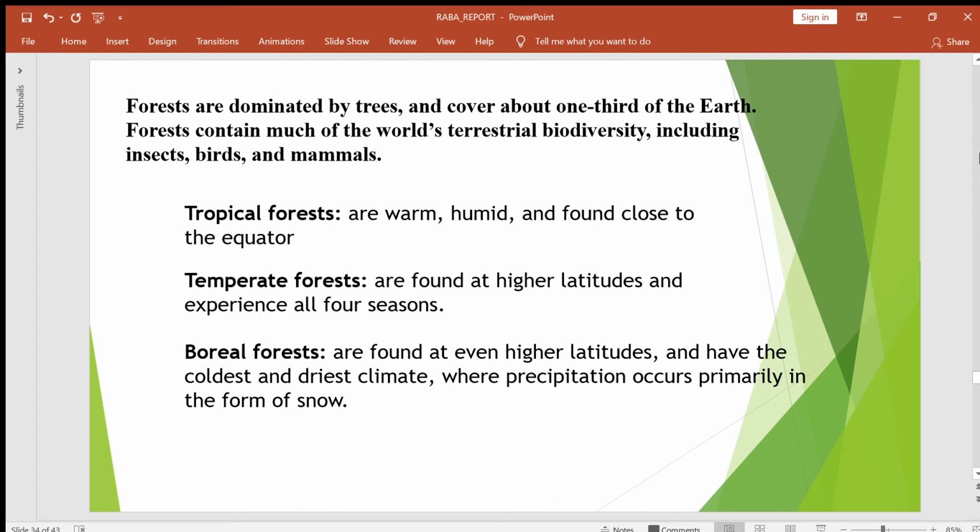Temperate forests are found at higher latitudes and experience all four seasons. Boreal forests are found at even higher latitudes and have the coldest and driest climate, where precipitation occurs primarily in the form of snow.